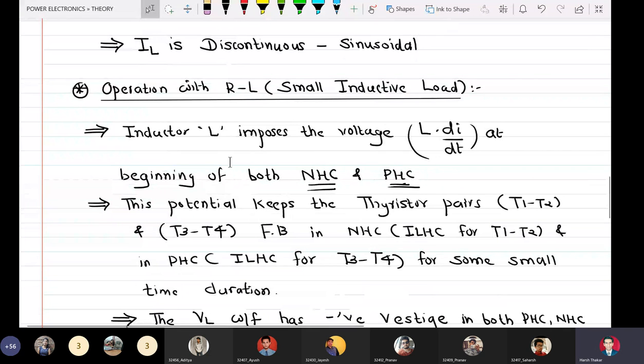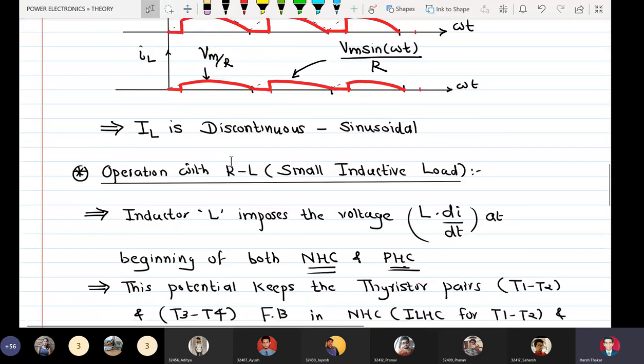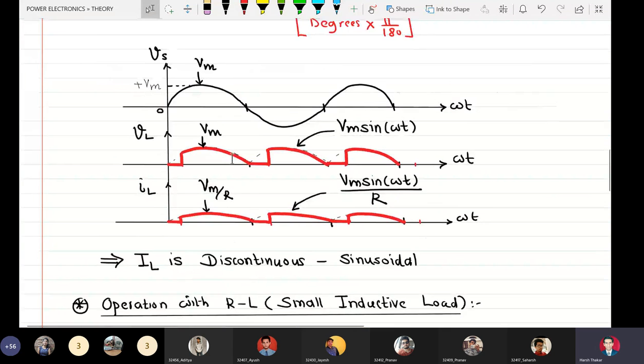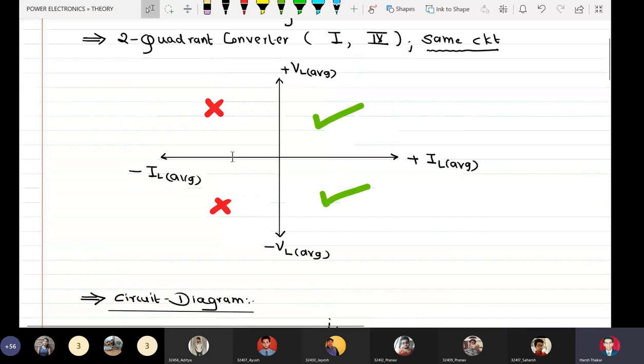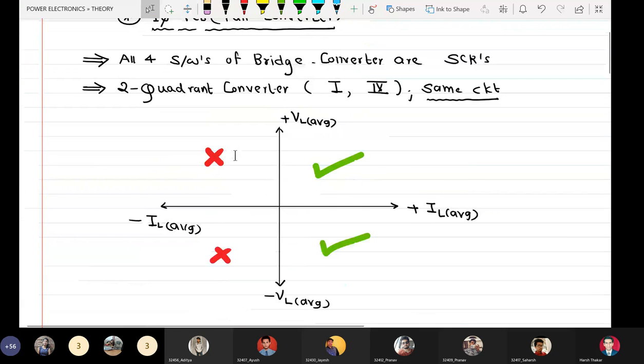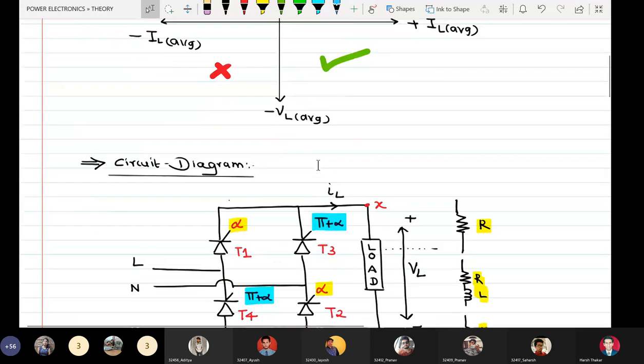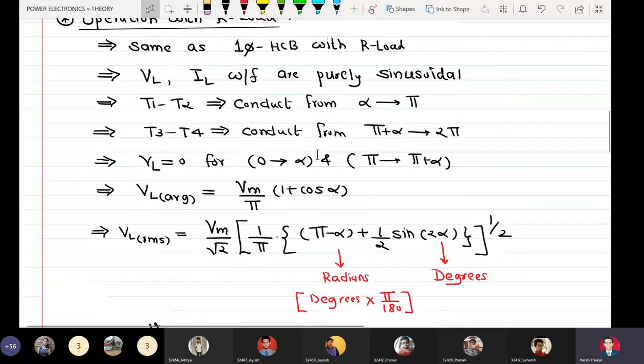Now we come to the most important operation with highly inductive loads, which will actually help us justify that the full control bridge or a full converter can operate in the fourth quadrant. So fourth quadrant means VLAVG is negative and current is positive. So we can also make a note here.